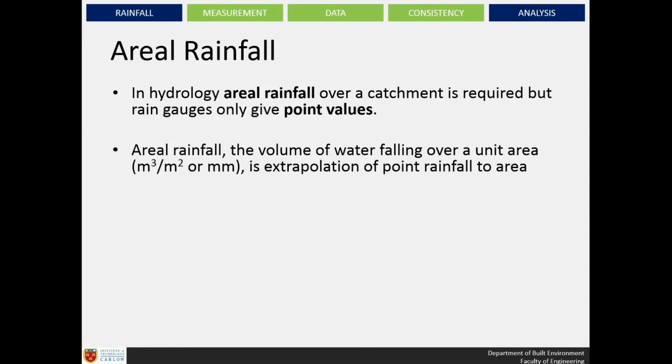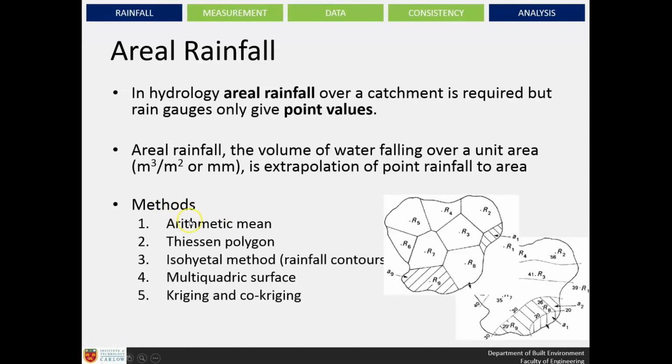There are a number of ways of calculating this, some very simple ones through to some complex statistical methods. The most simple would be the arithmetic mean. If you have a catchment and a number of rain gauges in it, you just get the average of them. So if you've, say, 5 rain gauges, 5 time series, you just average those 5 values at each time step to get your areal rainfall.